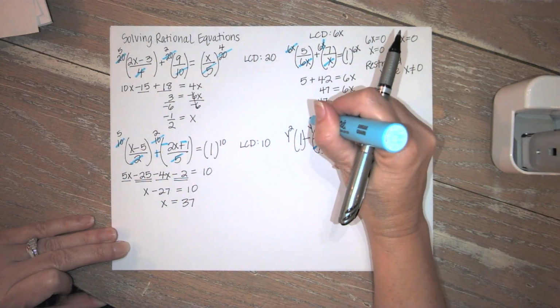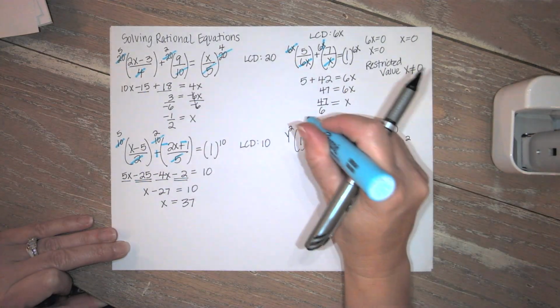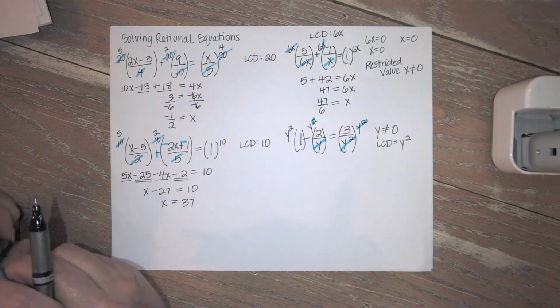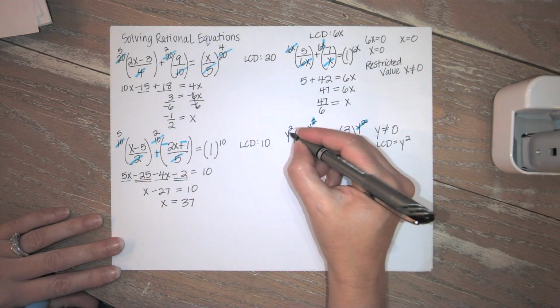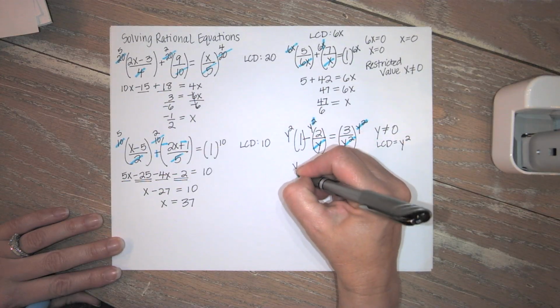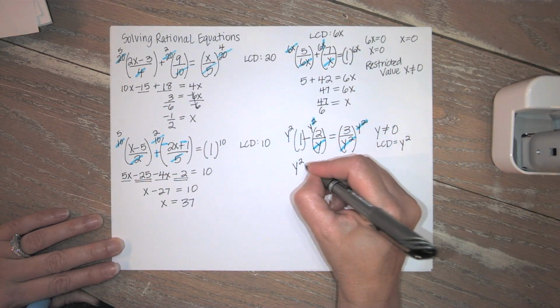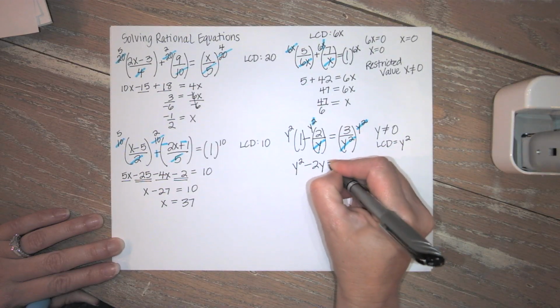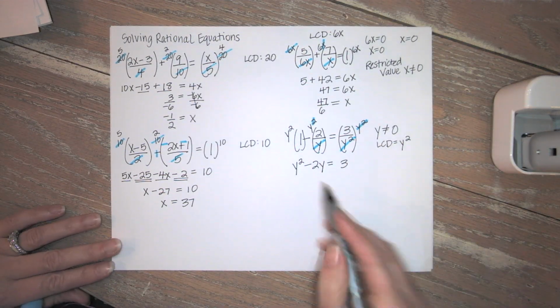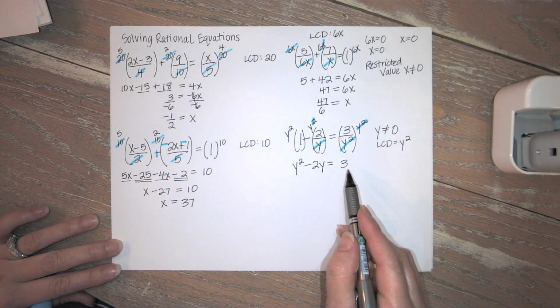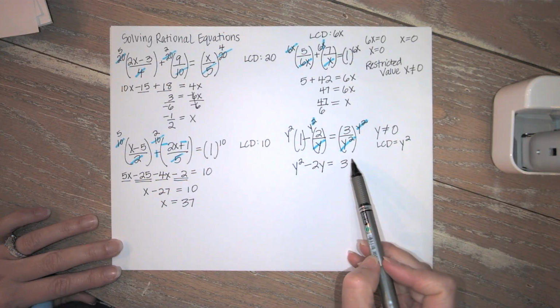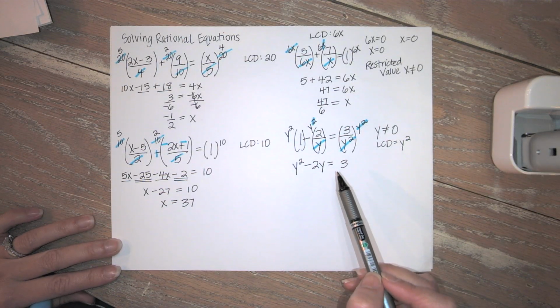Here it's going to cancel one of those y's out of that y squared, and here nothing will cancel. So I'm going to be left with y squared times 1, which is y squared, minus 2 times y, so minus 2y, equals 3.